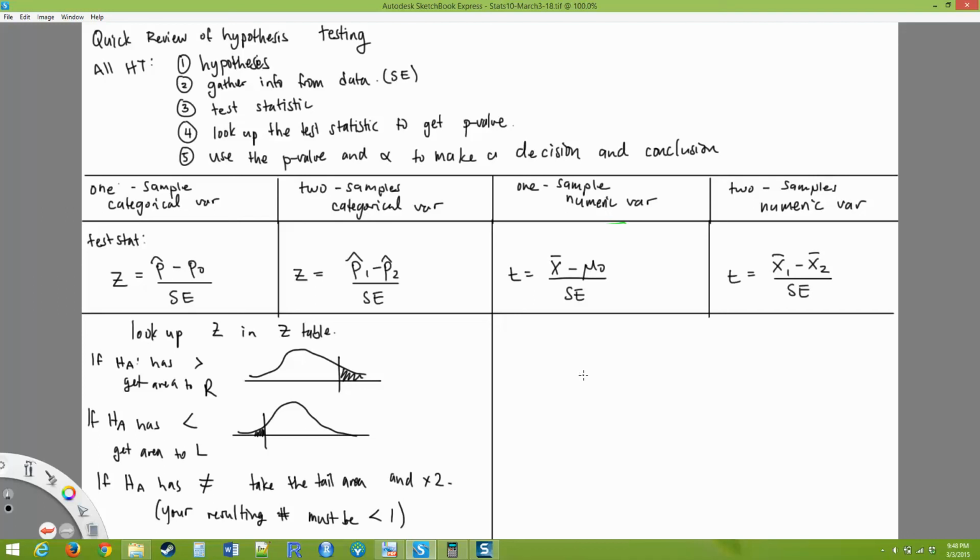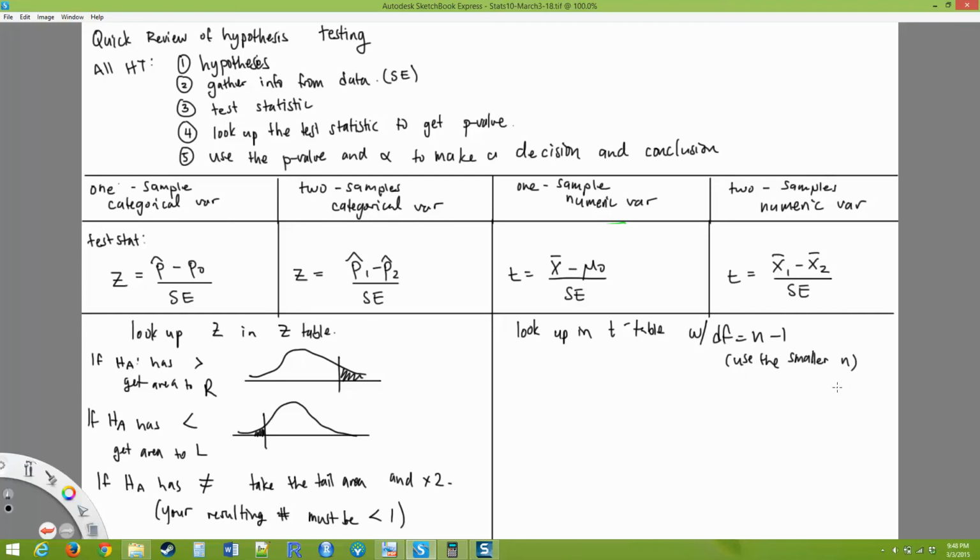And over here, look up in the t-table with degrees of freedom equal to n minus 1, and use the smaller n if there's more than one n. Okay?